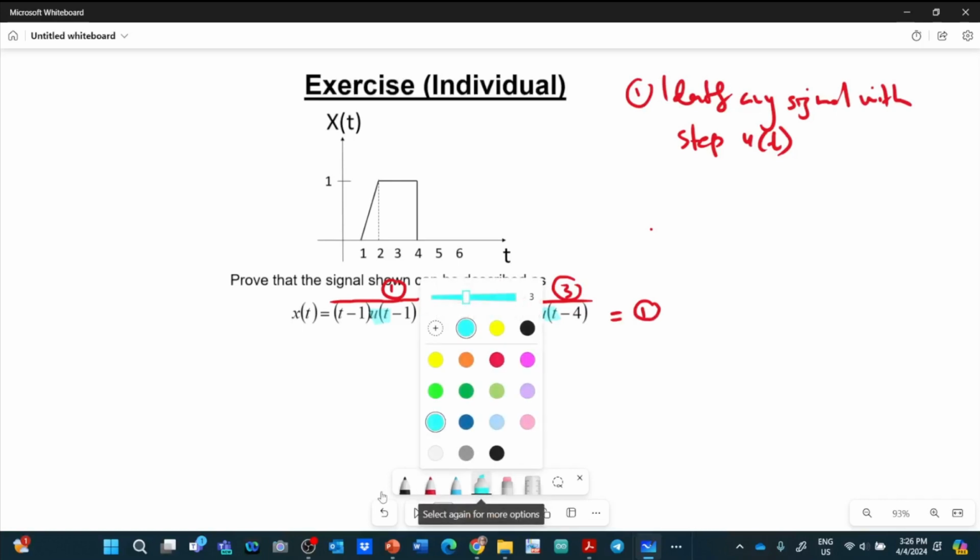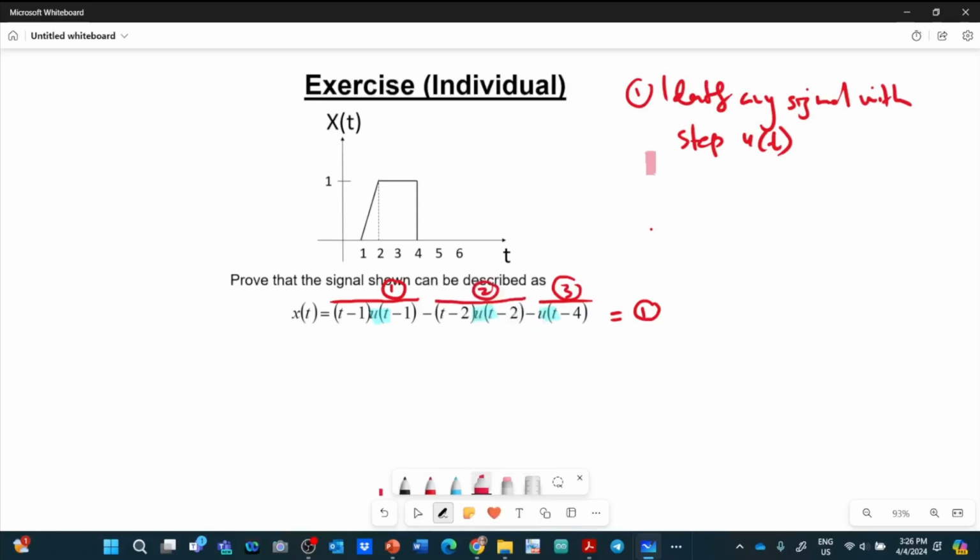Next is to identify the sign between the signal. Soalan tulisan saya memang short form, selalunya lah kan. Laju sangat menulis.